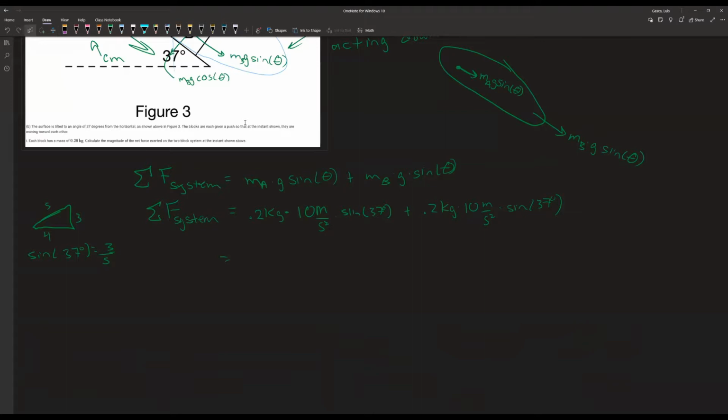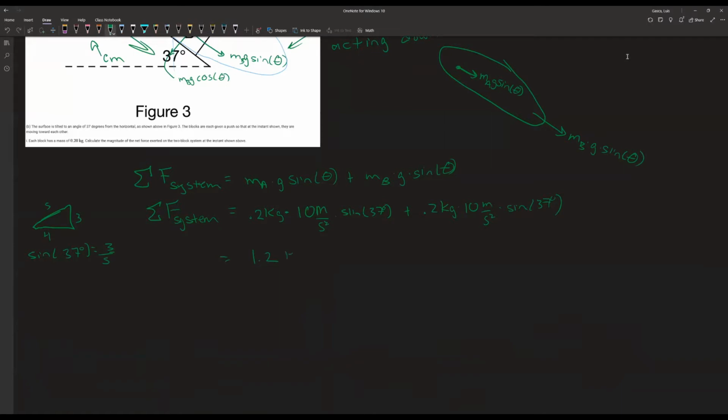If anyone wants to give me the answer here, I think it comes out to about 2.4. Don't quote me on that. I can't remember. Let me check real quick. Okay, no, that's radians. Let's go to degrees. There we go. Okay, so sine of 37 is 0.601, and then times 2, that's 1.2.